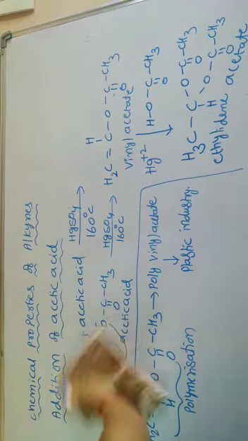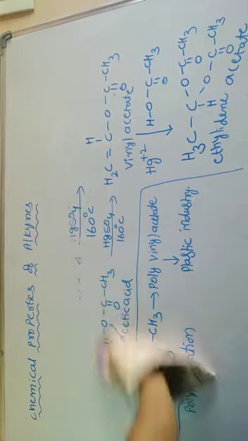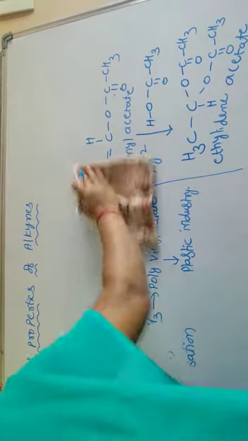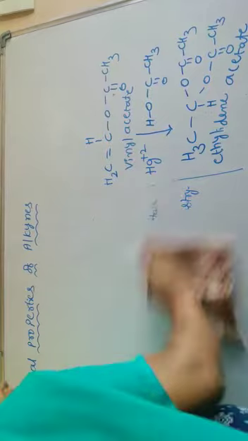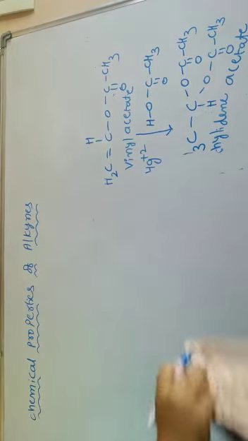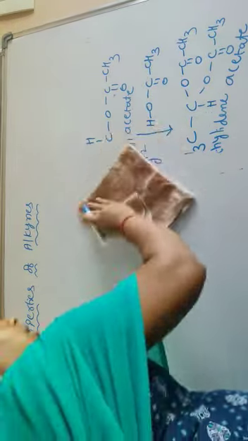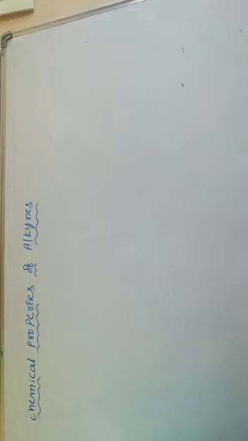And next, we'll discuss one of the important reactions, that is ozonolysis. In alkenes, we have discussed ozonolysis, that is addition of ozone.